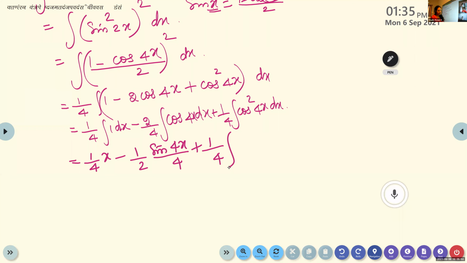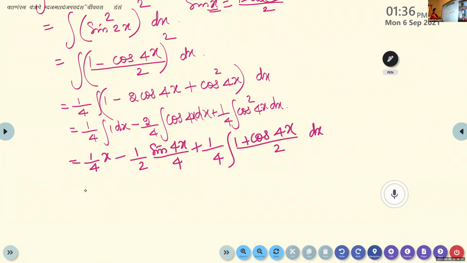Cos square x is 1 plus cos 2x by 2. Very good. For sine it is minus, for cos it will be plus. So if it is x, it becomes 2x; with 2x, you will get 1 plus cos 4x by 2 into dx.